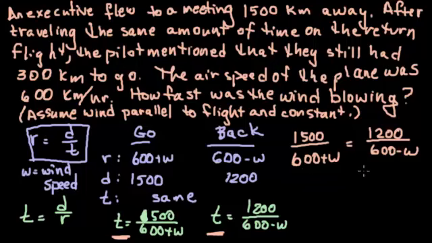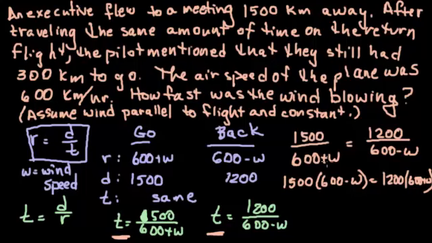I'm going to do a little cross multiplying, or you can say I multiply both sides by that amount. 1,500 times 600 minus W equals 1,200 times 600 plus W, and running out of room. I'll distribute.